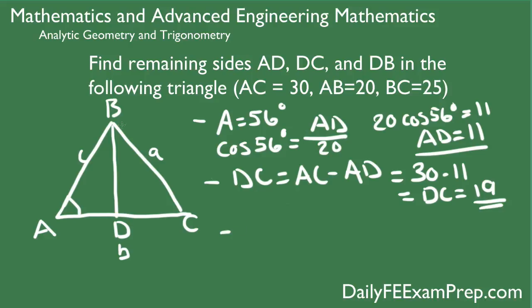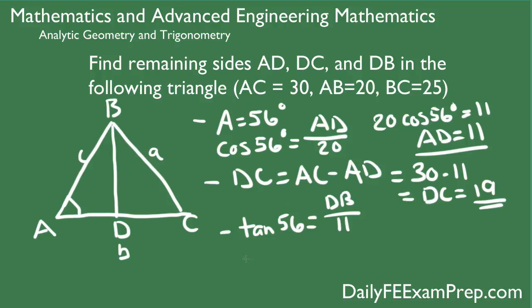Side DB, which is right here, can be found using the tangent of angle 56. So if we take tangent of 56 degrees, now remember the tangent is going to be the opposite over adjacent. So that is equal to side DB all over AD, which we know is 11.